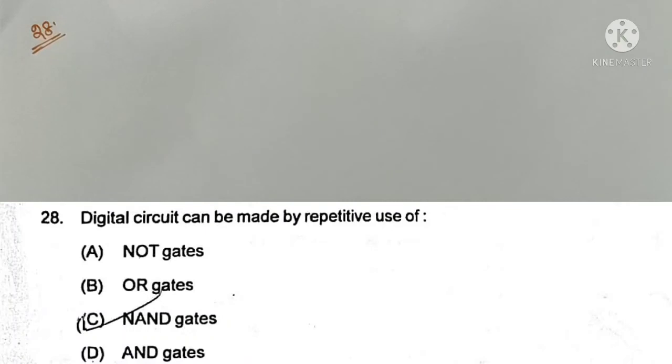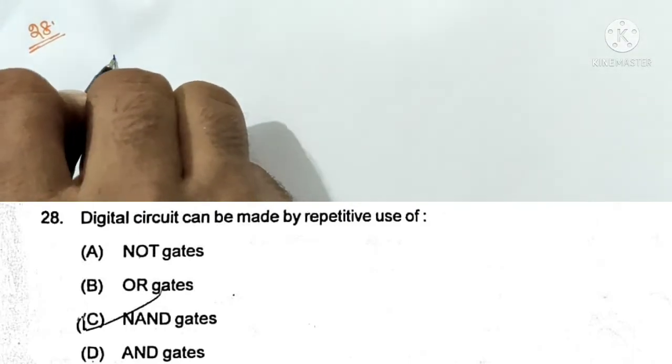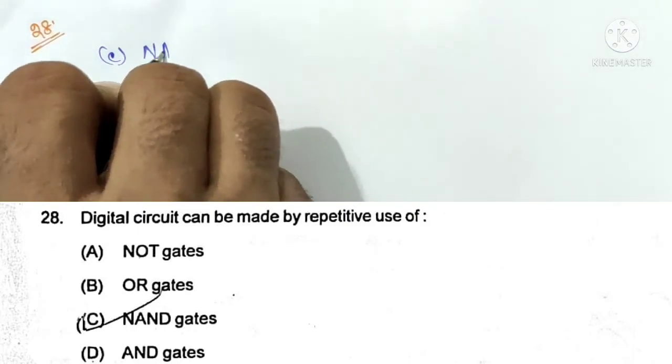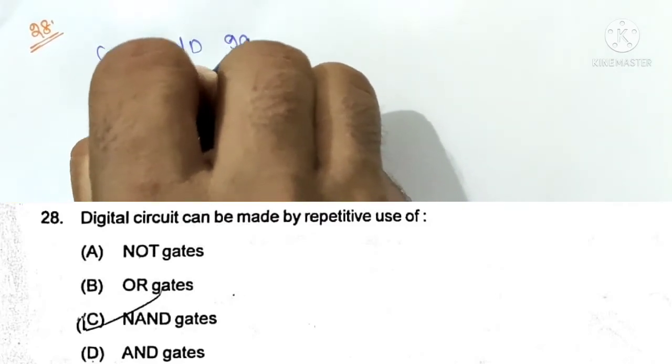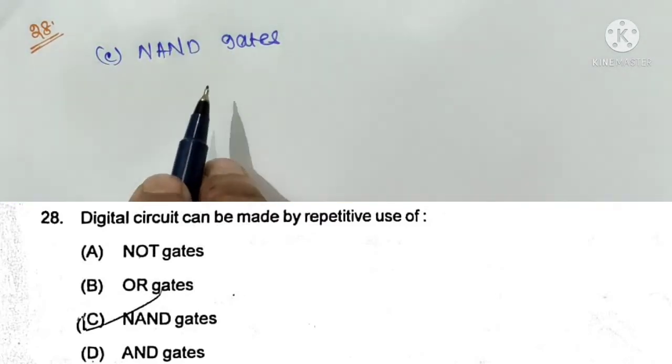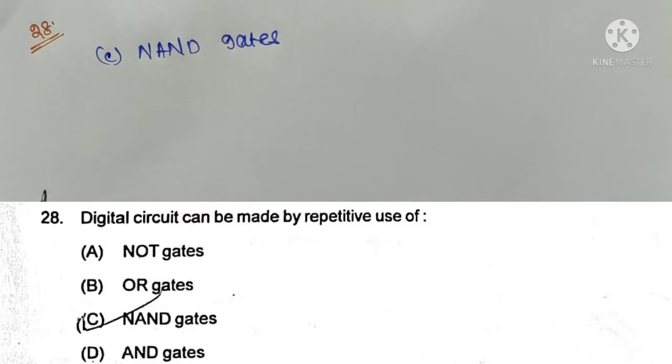Question number 28. Digital circuit can be made by repetitive use of NOT gates, OR gates, NAND gates, AND gates. And the answer is option C, NAND gates, because NAND gates are universal gates, and using NAND gates we can design any gate or any circuit.